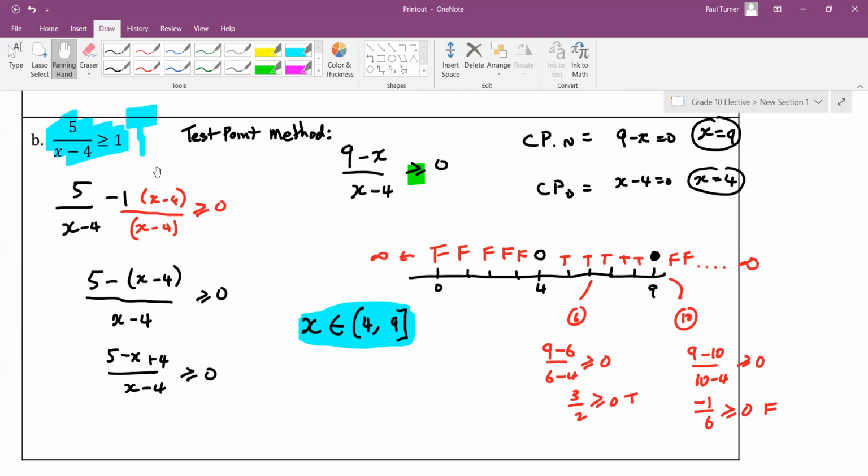You can check your answer with the Photomath or the Desmos website. Okay, try that. I'll be back in a second.